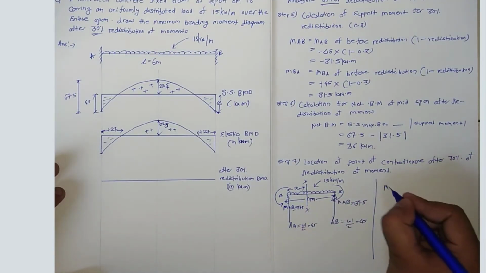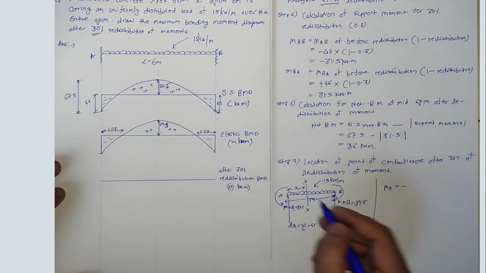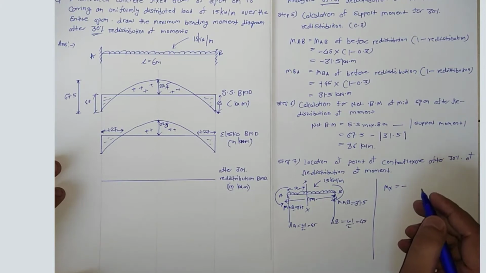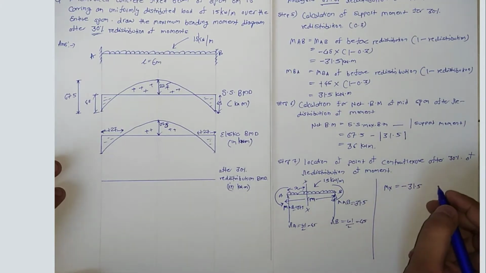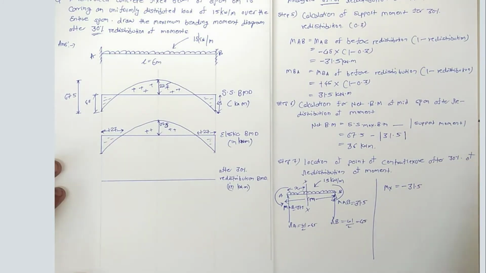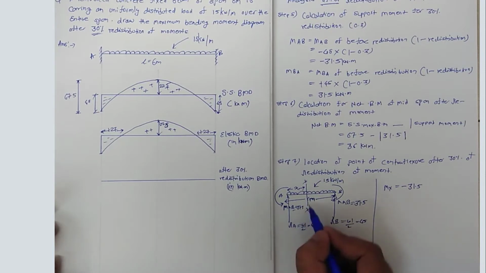So Mx, moment at this section x, equals to minus 31.5. This is minus in anti-clockwise, so it is minus. Now what is clockwise?